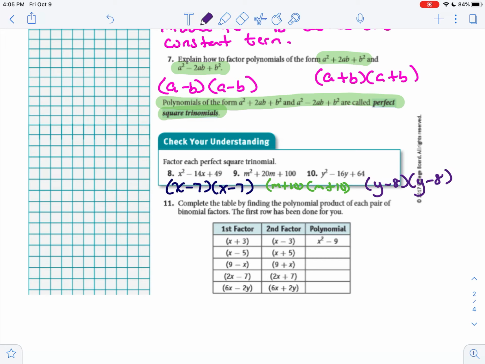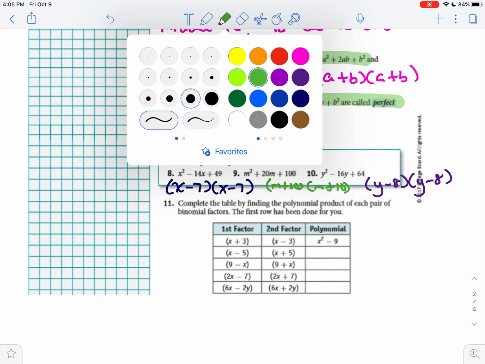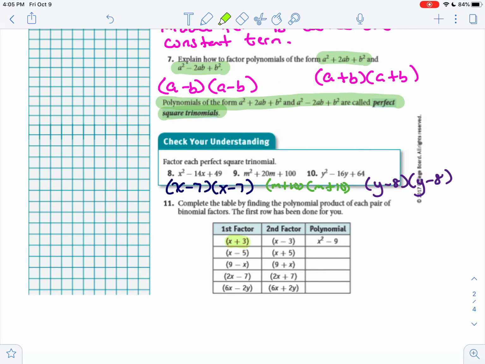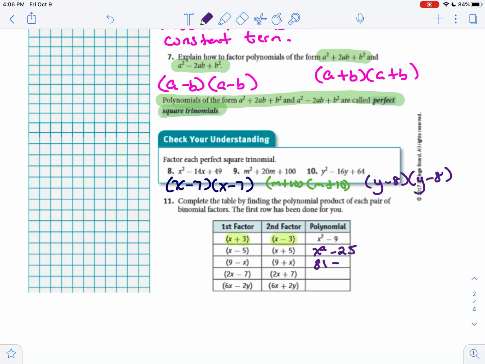The second part of the lesson, notice that our factors in this table are not identical. They're close. We have x plus 3 times x minus 3. And hopefully you remember that when you multiply these, we call them conjugates, the outers and the inners cancel. And we just get x squared minus 9. And then for our next one, we get x squared minus 25.